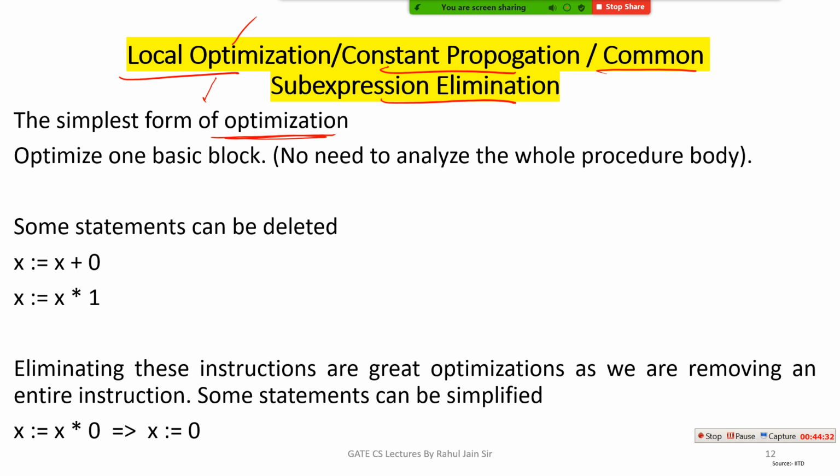It is the newly added topic this year in the GATE syllabus of 2021. And local optimization optimizes one basic block at a time. There isn't any need to analyze the whole procedure body. One basic block will be optimized using the local optimization technique.